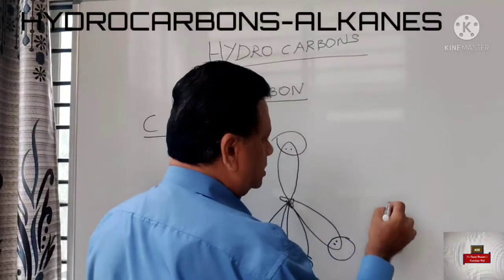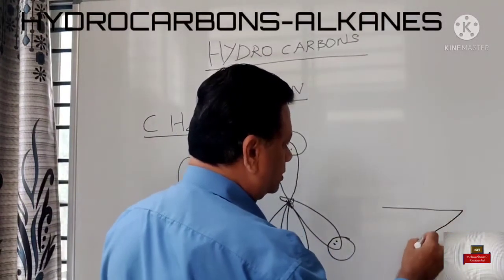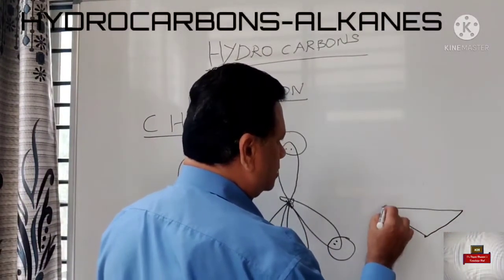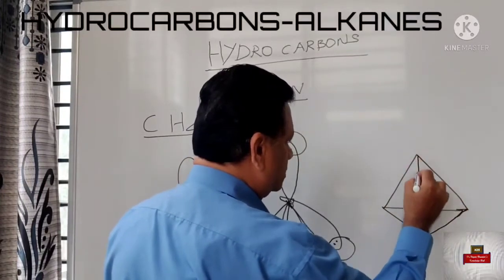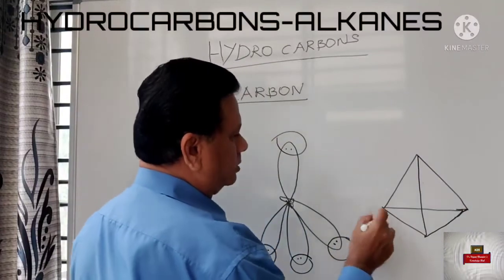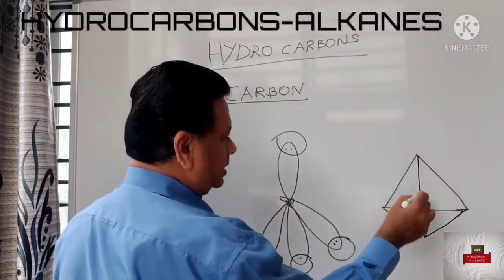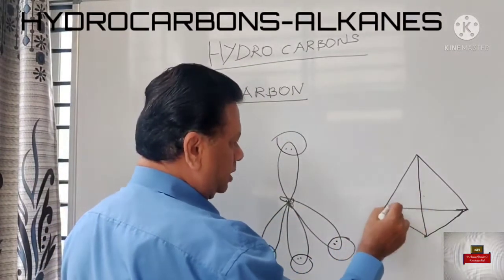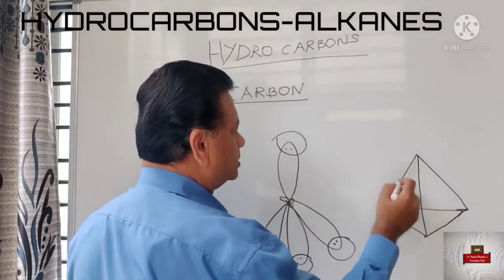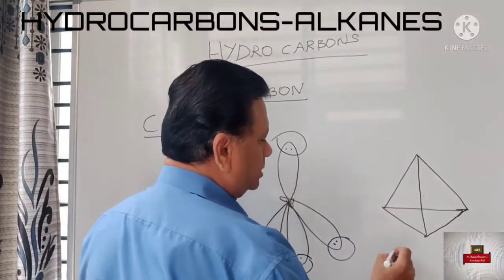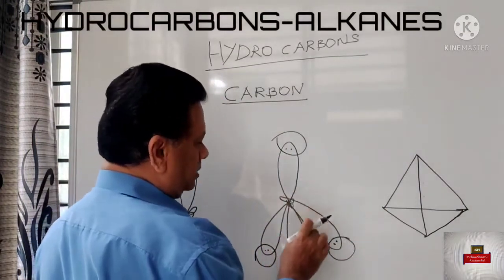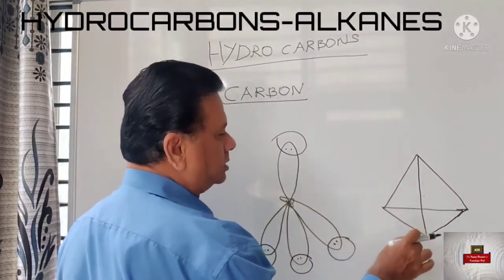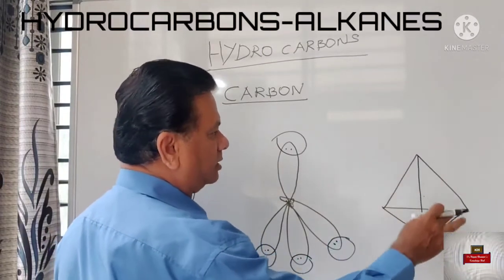So let us draw. So each orbital, see from the center, one orbital here, one orbital here, one orbital here. So this is sp3 hybridized orbital. These orbitals are directed towards the vertices of a tetrahedron.